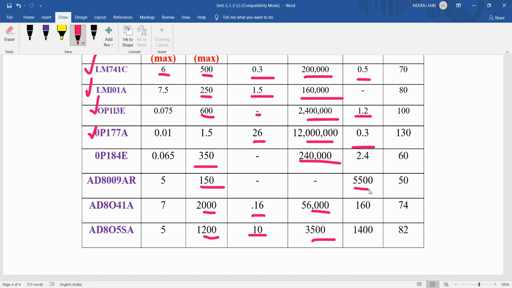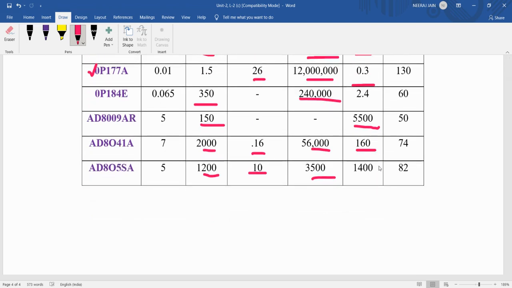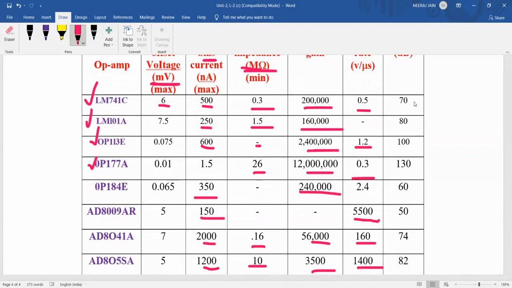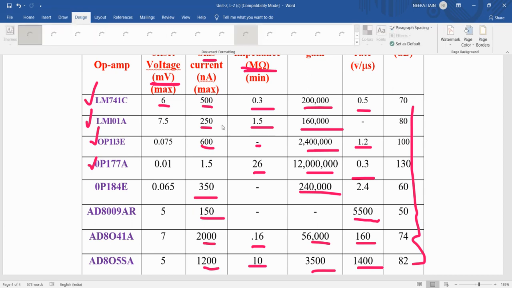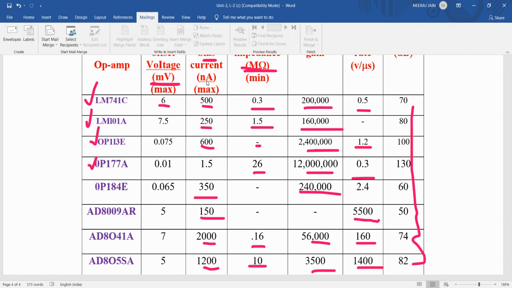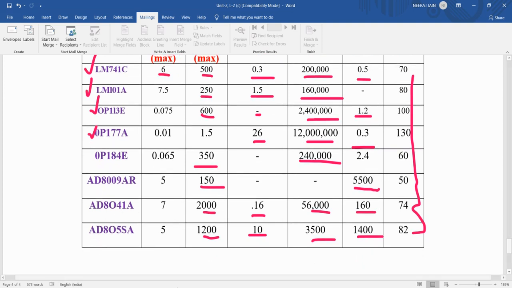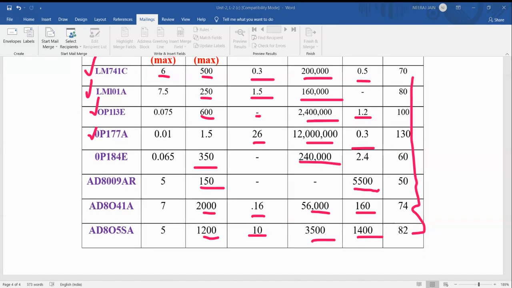Some have a very high slew rate, 5500, 160, 1400, and CMRR values are also given for the different ICs. So we have seen the different types of op-amp parameters and their values. Thank you very much.